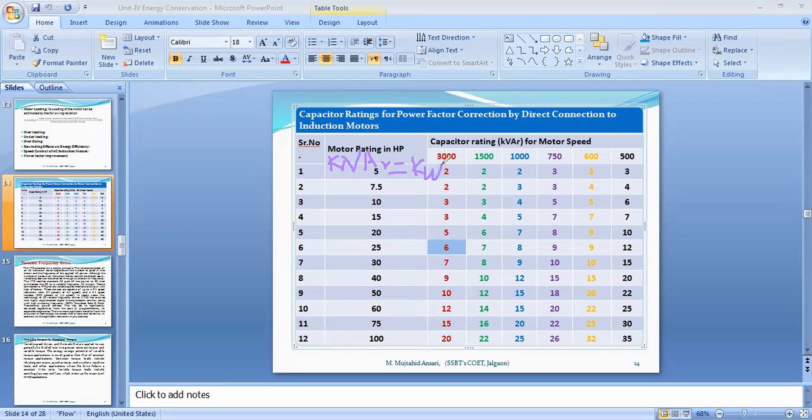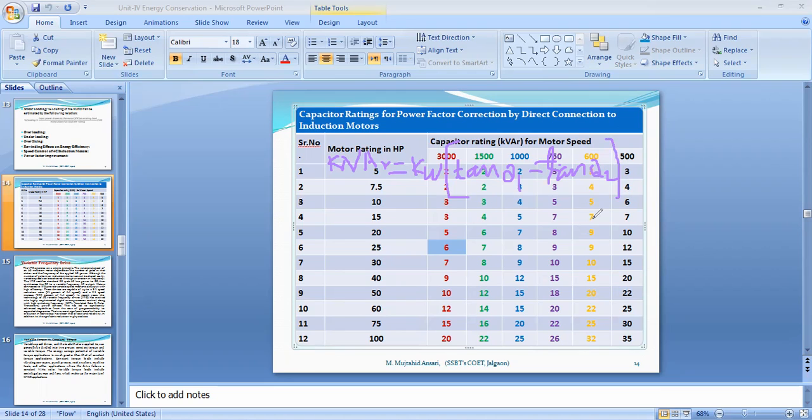If it is a 10 HP motor, then 7.5 kilowatt is the capacity of the motor, into the bracket tan theta 1 minus tan theta 2. By this formula, we can calculate the capacitor to be connected to the induction motor.